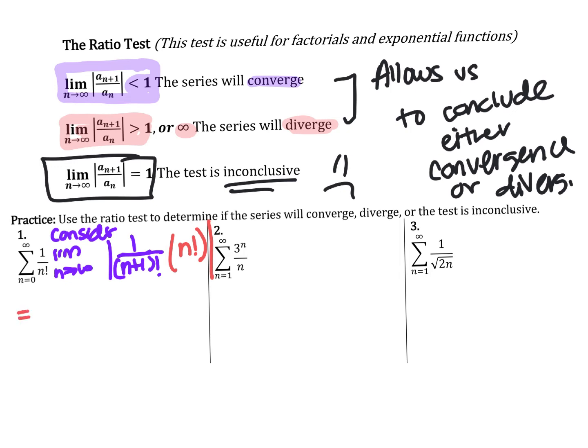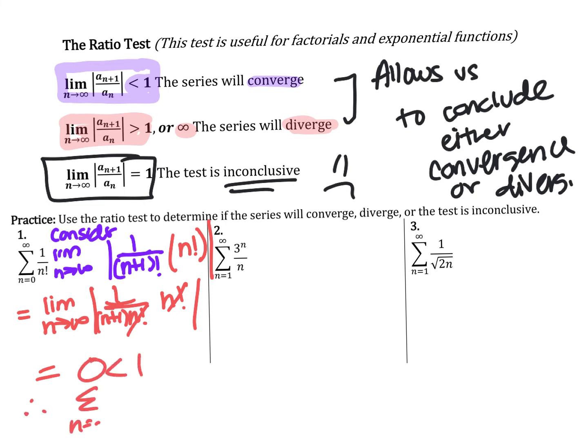This simplifies to the limit as n approaches infinity of 1 over n plus 1 factorial, which is the same thing as 1 over (n plus 1) times n factorial, multiplied by n factorial. So those n factorials divide out. The limit as n goes to infinity of 1 over n plus 1 is 0. 0 is less than 1. Therefore, the sum from n equals 0 to infinity of 1 over n factorial converges by the ratio test.